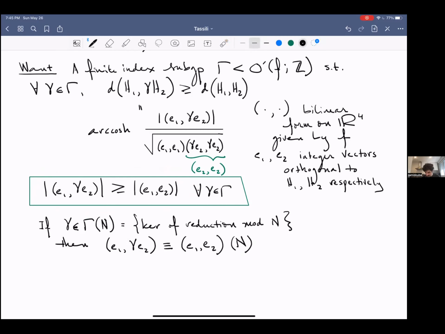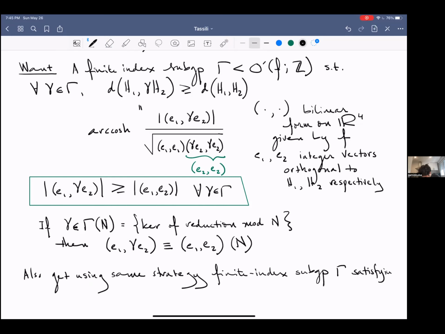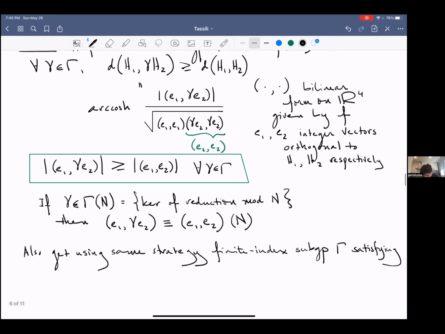Using the same strategy, you can also get a finite index subgroup satisfying that the distance between Hi and gamma Hi is at least the distance between H1 and H2 for all gamma that don't stabilize Hi.